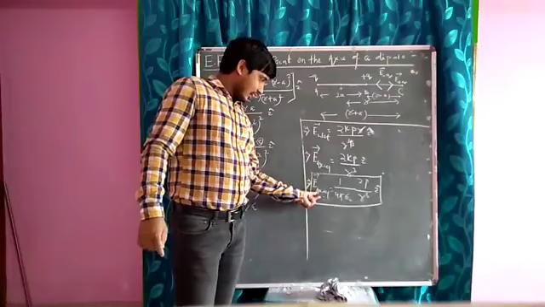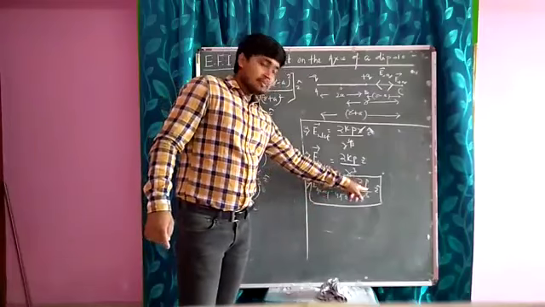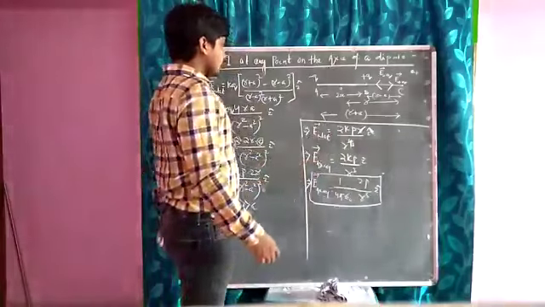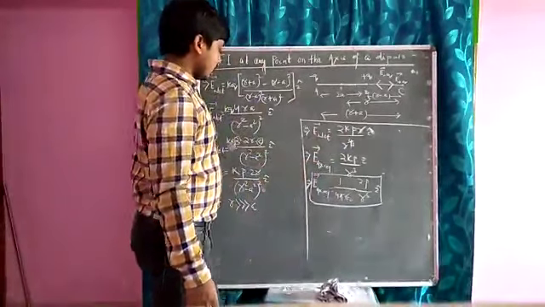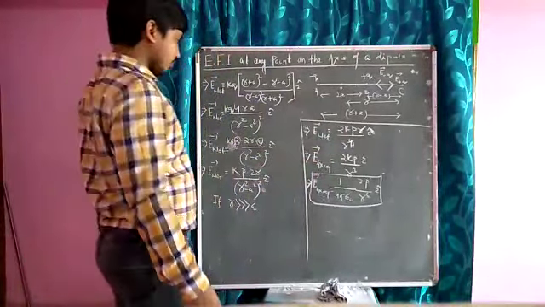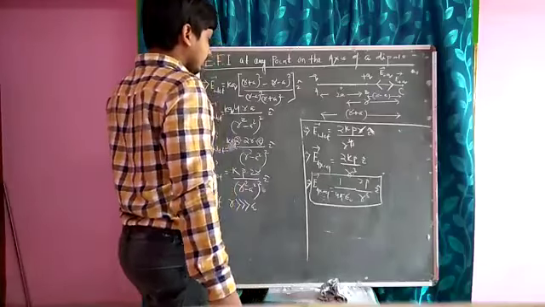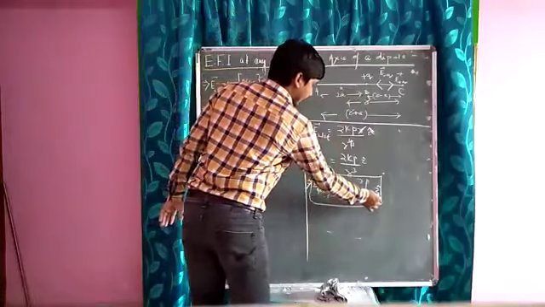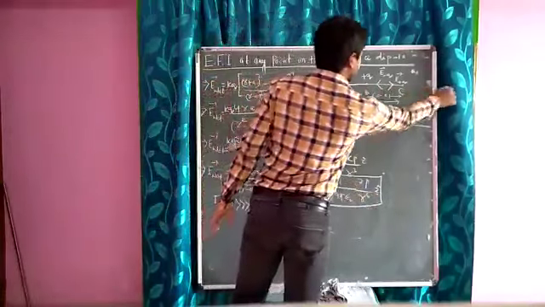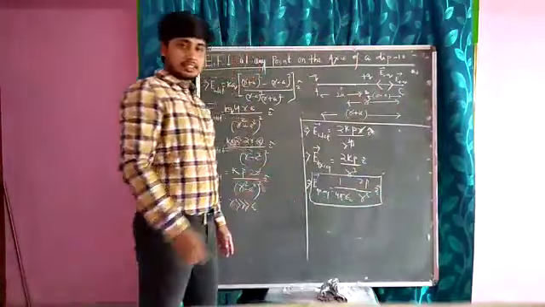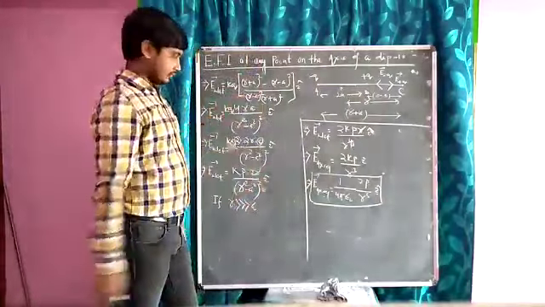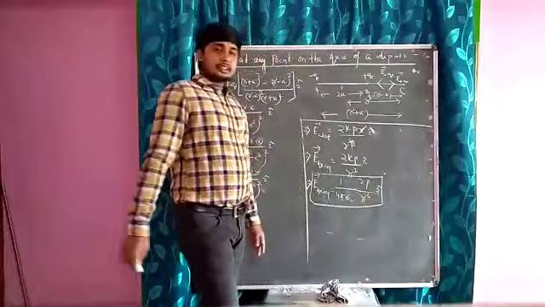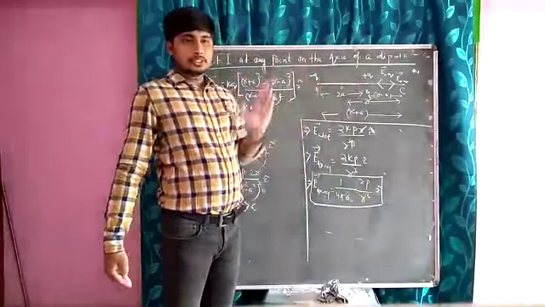Students, remember that here you can see that the direction of the net electric field along the axial line and the dipole moment P vector, the direction is same because we know that the electric field is always directed from positive to negative and it is coming along I cap. That means in this direction the net electric field is there in the positive x-axis and the dipole moment P vector is always directed from negative to positive charge.